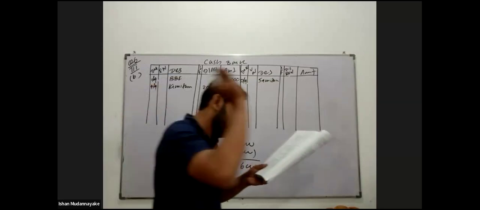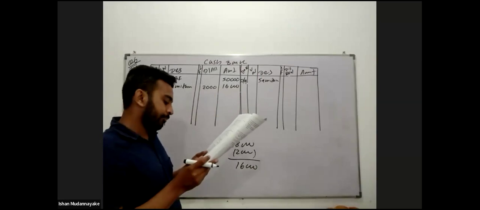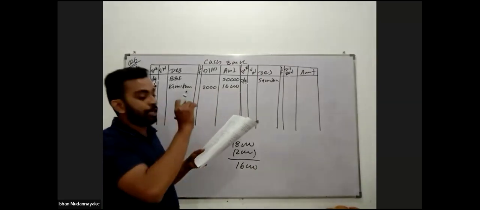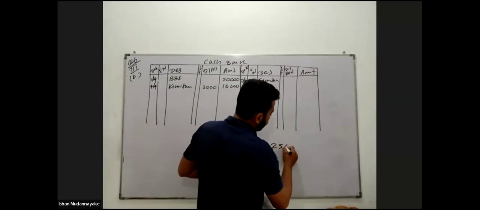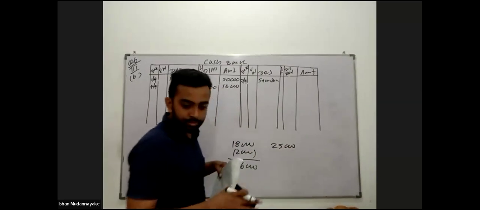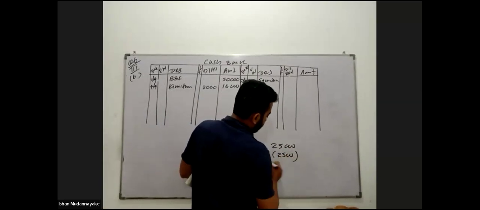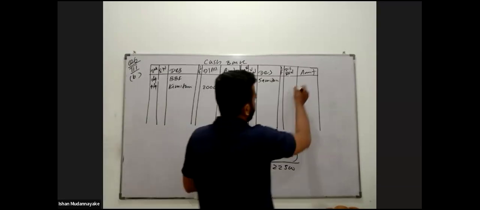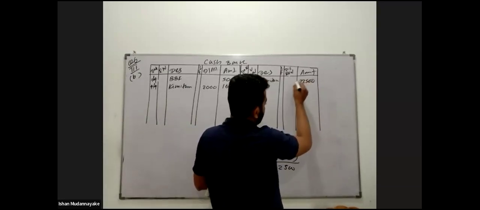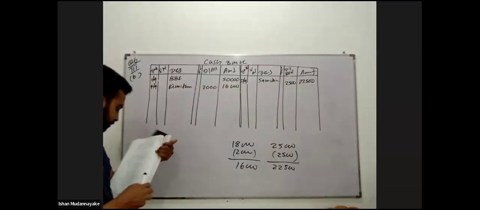We are going to pay 25,000 to Samitu. Then 10% discount was received from Samitu. 25,000 into 10% means how much? 2,500. Then cash paid only 22,500. Amount 22,500, discount received 2,500. Right, done.